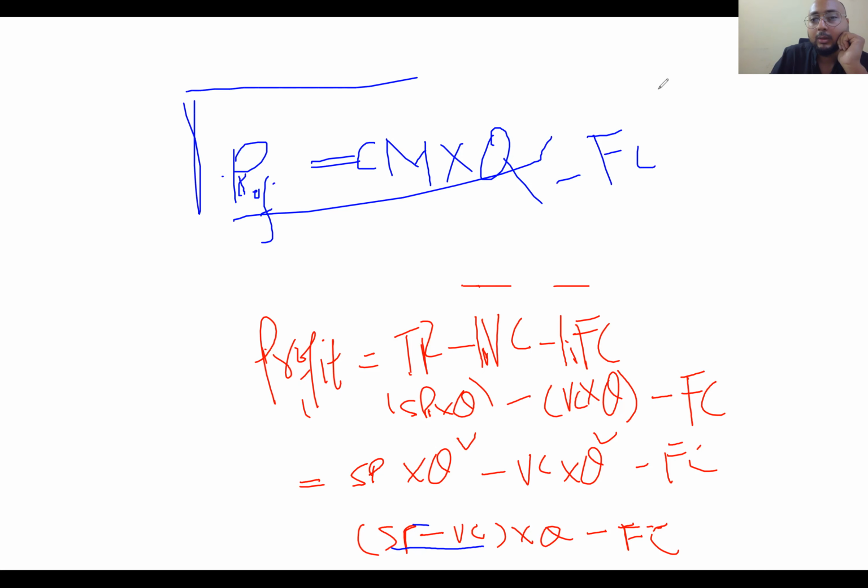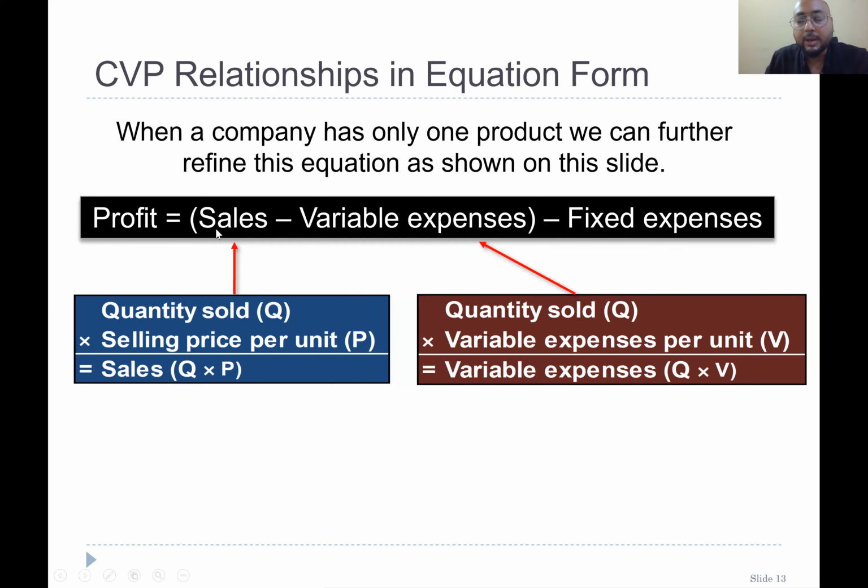So that's all that is written in the slide here. So don't get confused. In order to convert it into per unit sales, we know that quantity multiplied by the selling price, Q into P, P is the sale price.